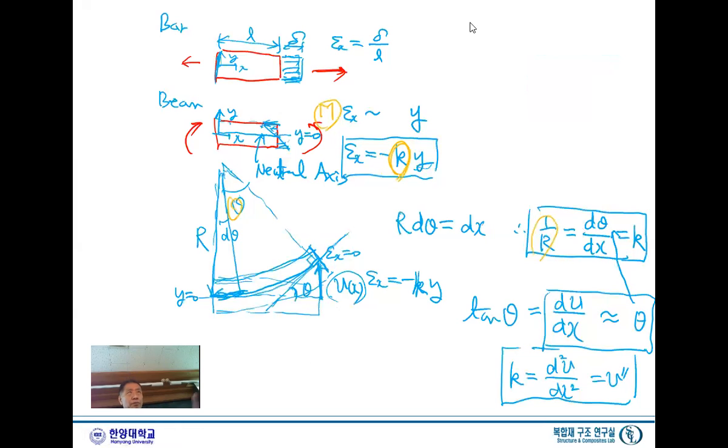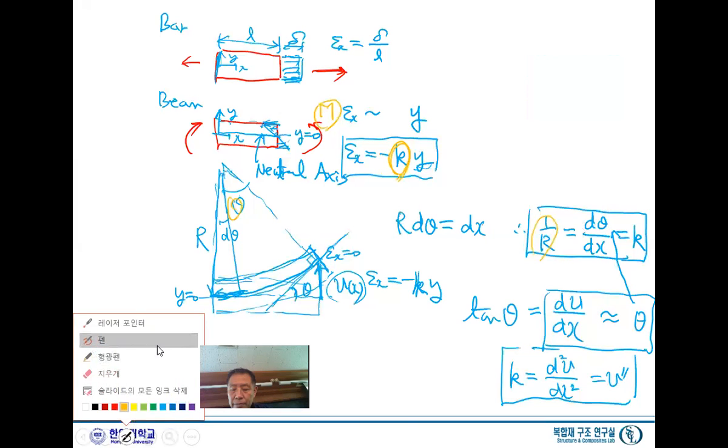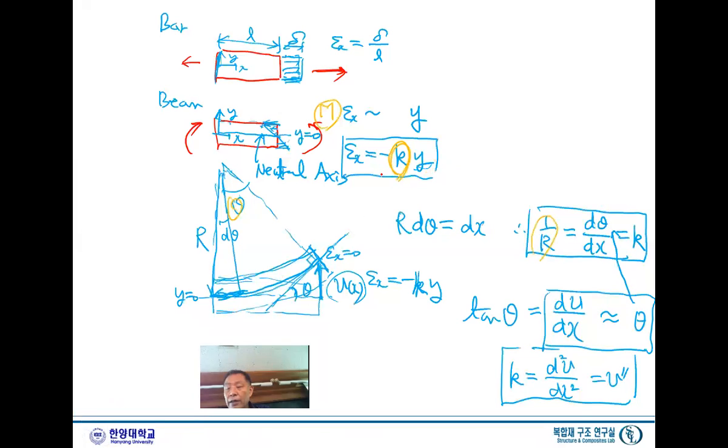I'm trying to put all the equations in this one slide. See, once we have this, this is the deformation condition. Now stress equals E epsilon. Remember, we have the stress-strain relation, and this will be what?